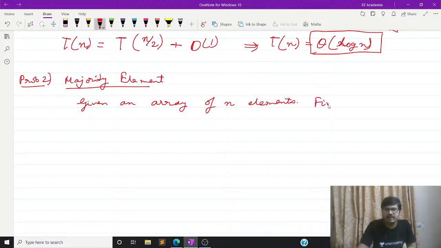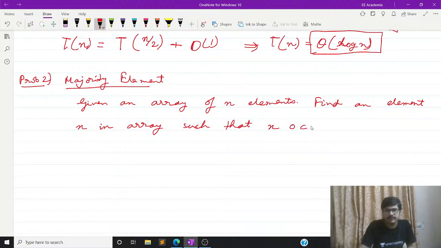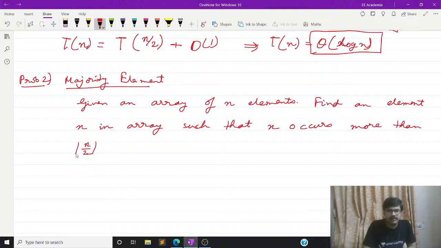We have to find an element x in the array such that x occurs more than n by 2 times in the array.